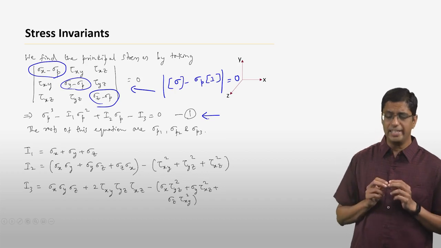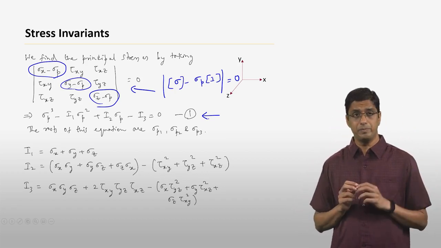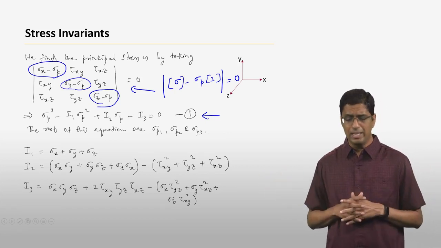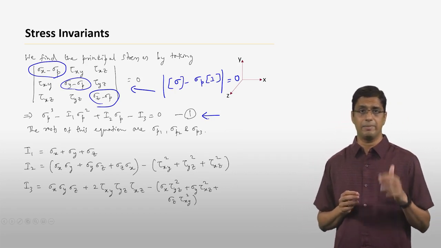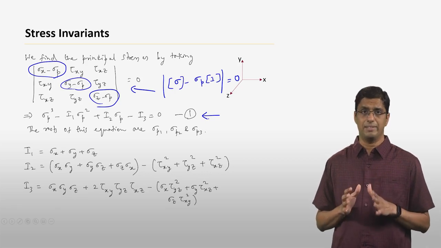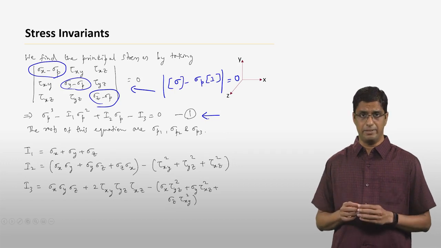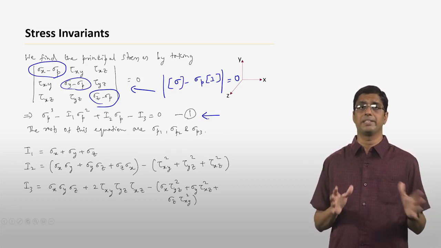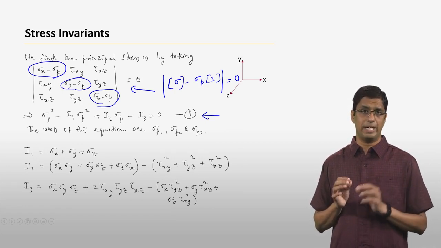So why did I write it as I1, I2, and I3 instead of writing it explicitly in terms of sigma x, sigma y, and so on? The reason is that these coefficients of sigma p square, sigma p, and the constant term are unique in the sense that they are always constant irrespective of what coordinate system the stress matrix is given. This is why they are called the invariants I1, I2, and I3.